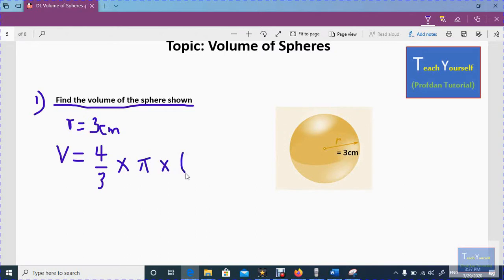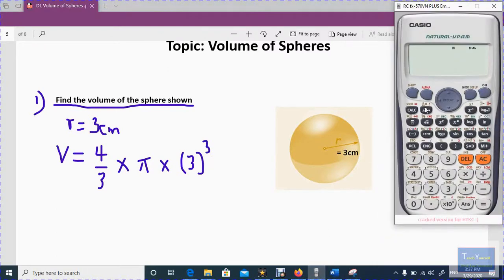So our radius in this case is 3, all cubed. If a calculator is allowed, you can easily punch this in your calculator. So we have the fraction 4 over 3 times pi times 3 cubed.